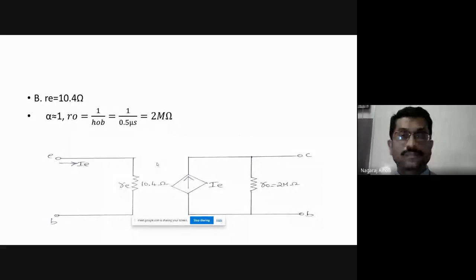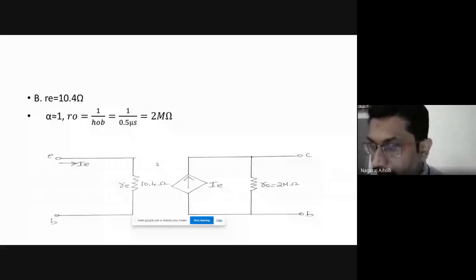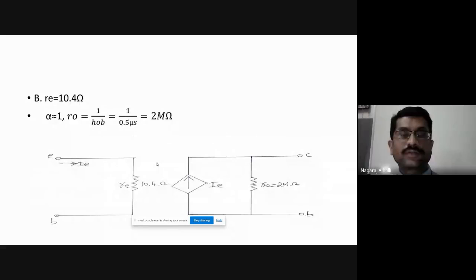Clear, Ankita, today's topics? Yes, sir, understood. Okay. Fine. Janvi? Yes, sir. Clear today's topics, Janvi? Any questions? Understood, sir. Any doubts? Any problem in understanding?